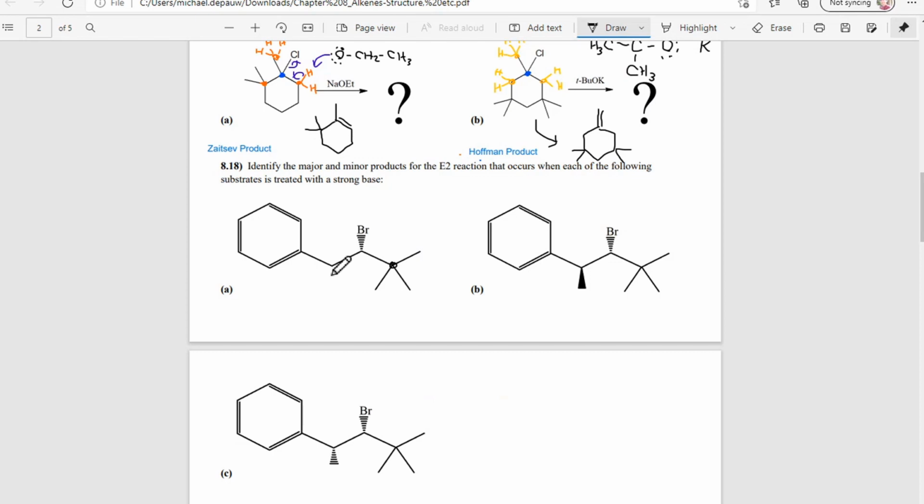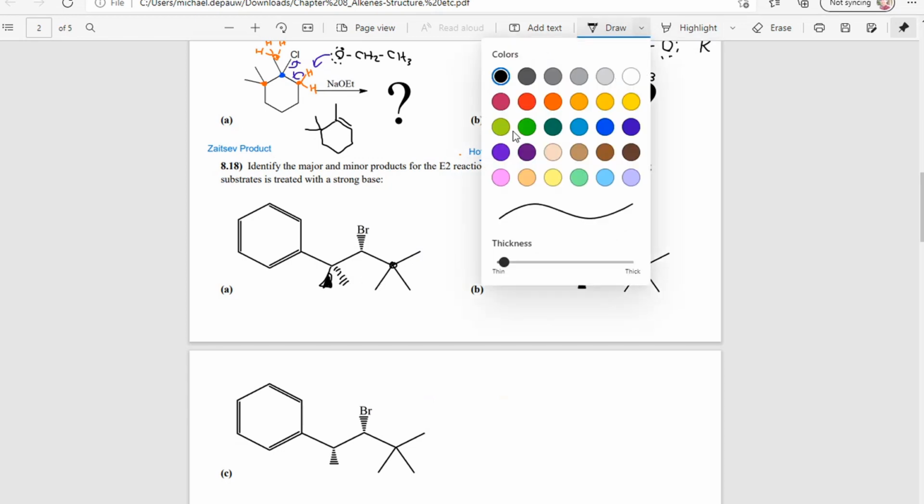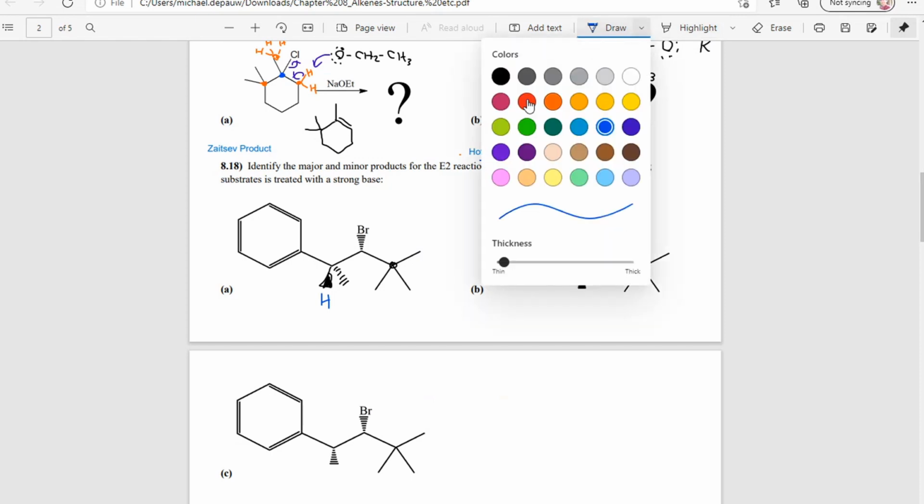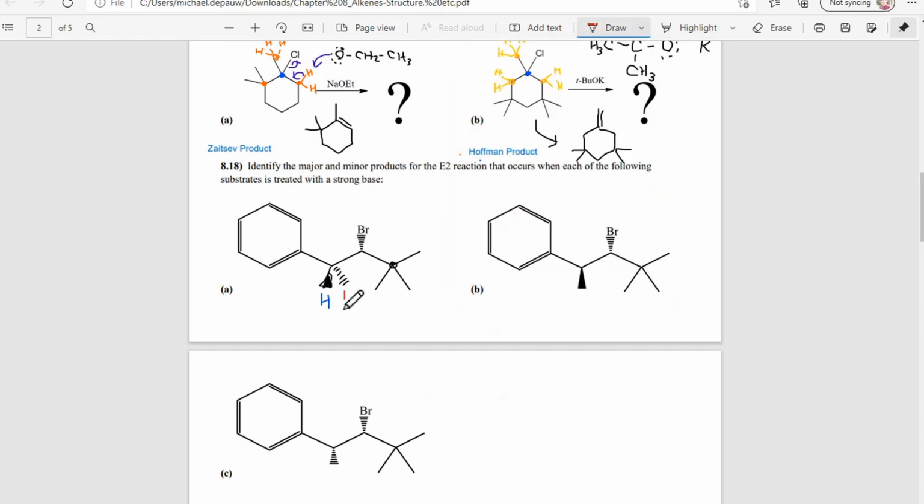So that's not going to happen here. So you actually have two hydrogens here. You have this hydrogen that's in front, and you have the hydrogen that's in back. Now the hydrogen in front, I'm going to go ahead and label with blue, and the hydrogen in back, I'm going to label with what I think is red.